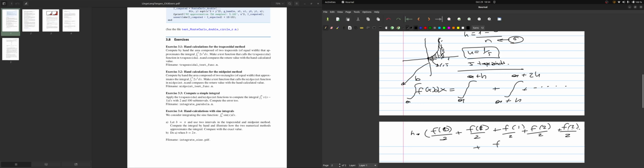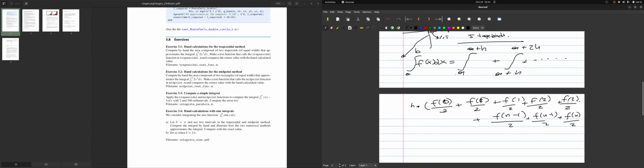This will go until f(n minus 1) over 2 plus f(n minus 1) over 2 plus fn over 2. I'm not sure if you can follow it, but my writing is not very good.